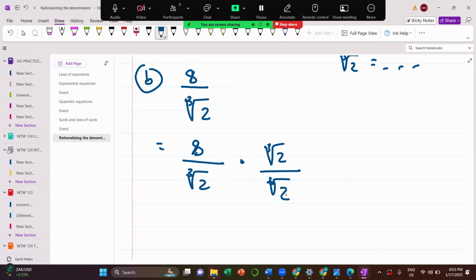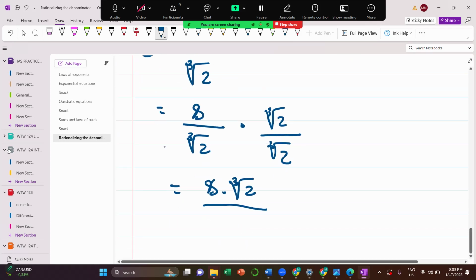You guys are now smart. So I'm going to have 8 times cube root of 2 all over the cube root of 2 times the cube root of 2, which is just going to give you what? A value of 2? Are you guys with me? Yes, sir.